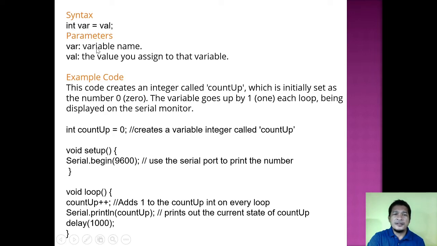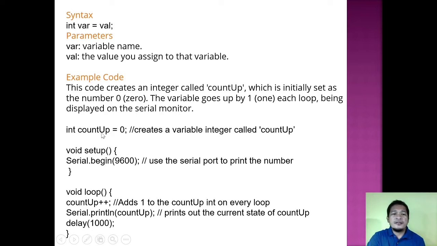For example, your LED or your light: int light, so the variable is light, then is equal to the value of your light, for example 0, or 1, or any number. So the value you assign to that variable is a number.